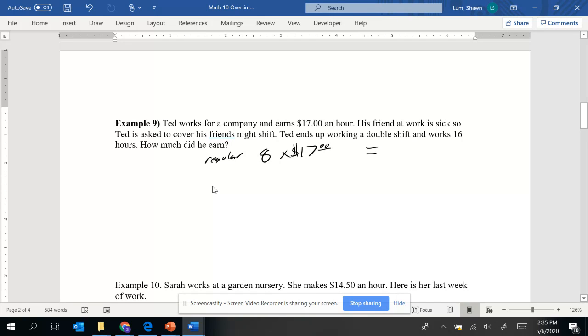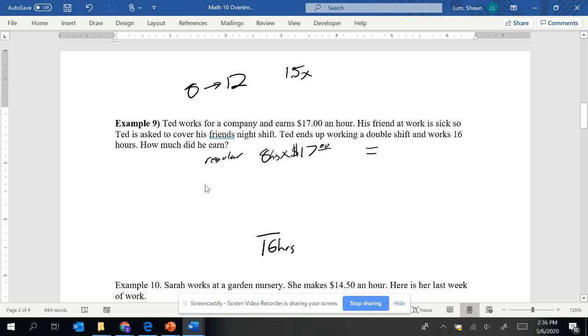Now, remember, the total number that he has to work is 16 hours. Now, the rules say between 8 to 12 is time and a half, or 1.5 times. Okay.